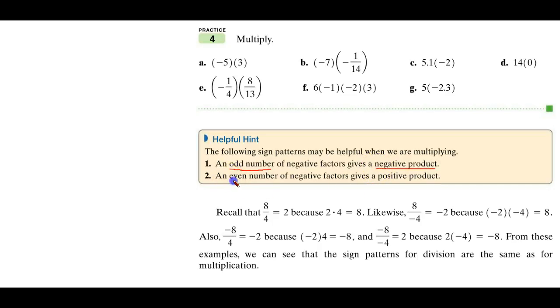If you have an even number of negative factors, 2, 4, 6, the results will be positive. So again, figure out what your sign will be before you do something. So for instance, this will be negative, positive, negative. This is 0, negative. 2 negative signs, even number. This is going to be positive. This would be negative.